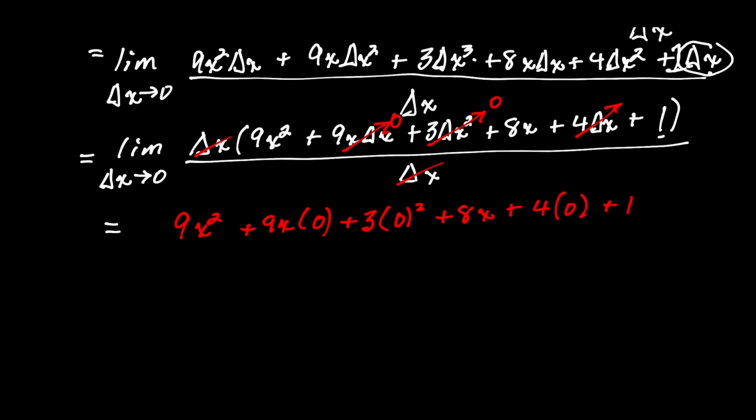Plus 1. So when I simplify this down a little bit, we end up with 9x squared, gone, plus 8x, gone, plus 1. So if you check where we started, I think you'll find that we did pretty good here. So this is my derivative using the limit process.